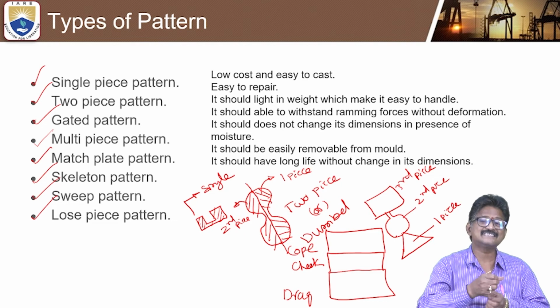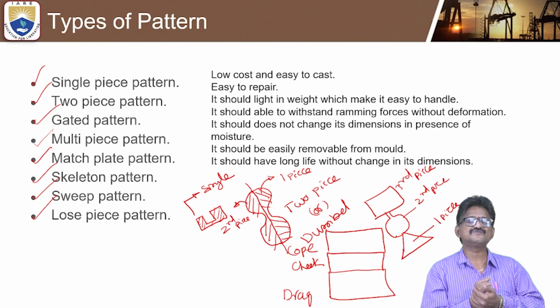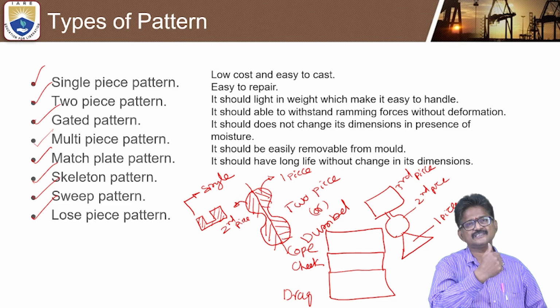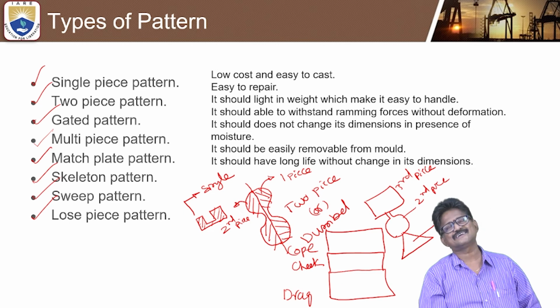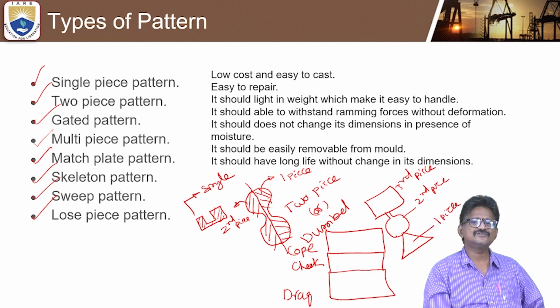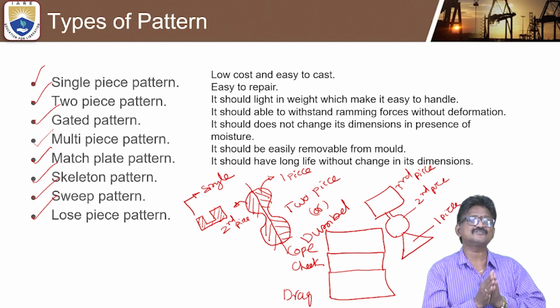A pattern should withstand ramming forces without deformation. If you are using manual molding, a certain amount of pressure should be applied. If you use machine molding, an exact amount of pressure should be fixed so that there is no deformation occurring to the sand, and it should also not change its dimensions in the presence of moisture.